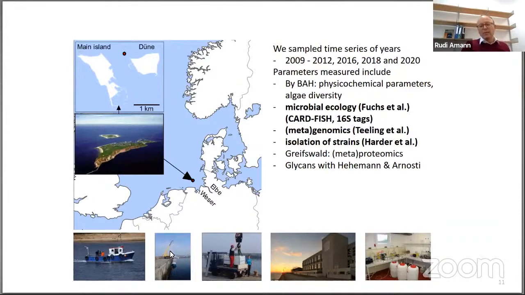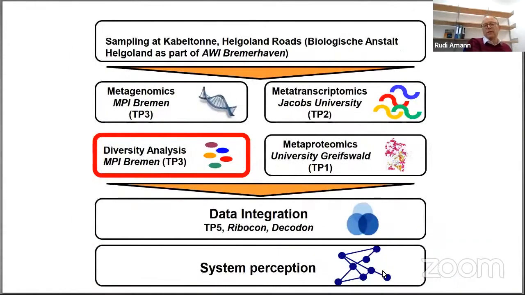And the big thing is we can relatively easily get lots of water into well-equipped laboratories and do size-fractionated filtration. Now, this size-fractionated filtration is the basis for a combination where we try to get a perception of the system, of the ecosystem, by data integration: metagenomic data, metatranscriptomic data, metaproteomic data.